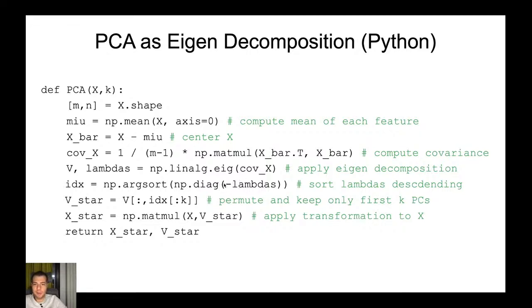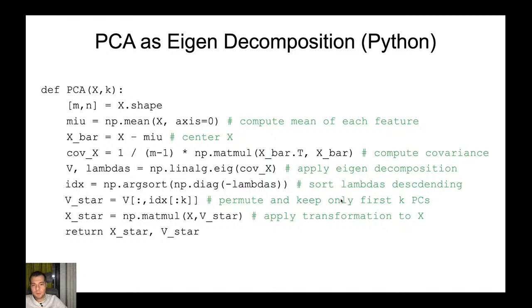This is why here we use minus lambdas, and then we permute the eigenvectors in the order of the eigenvalues. So here we will have the eigenvalues sorted by how much they explain the data.